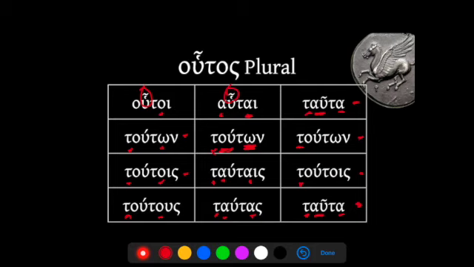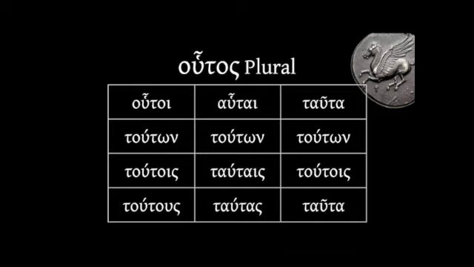So the tail wags the dog kind of works out with the plural. So if you have any difficulties with this paradigm, our two rules should help you solve them. Just realize that every form is going to have a tau or the rough breathing mark, and then the tail wags the dog.